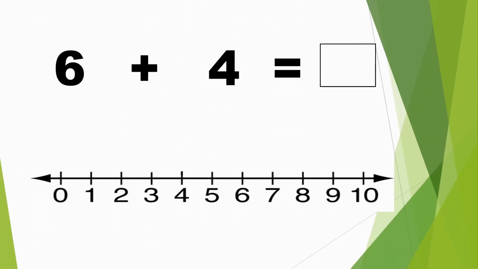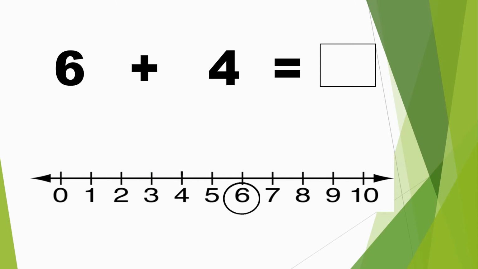Let's see one more example. Now here I have 6 plus 4. So how can I add these two numbers? First I look at 6. Where is the 6 on the number line? Yes, 6 is placed here. Now I need to add 4. That means I need to hop 4 times.